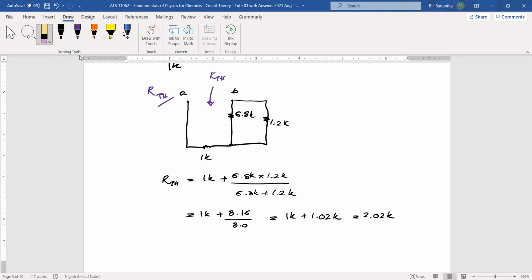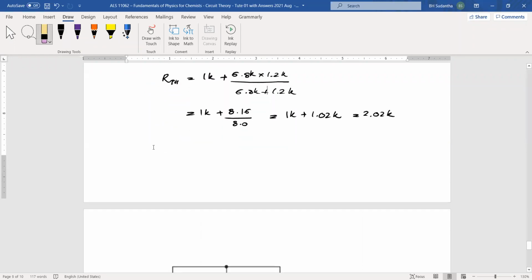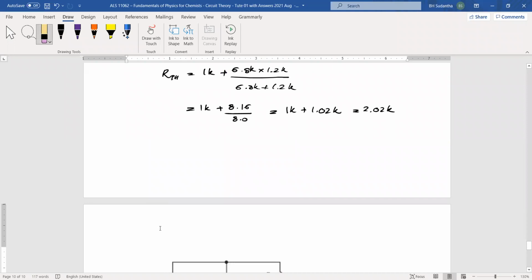So this is RTH. Now we have to find VTH next.